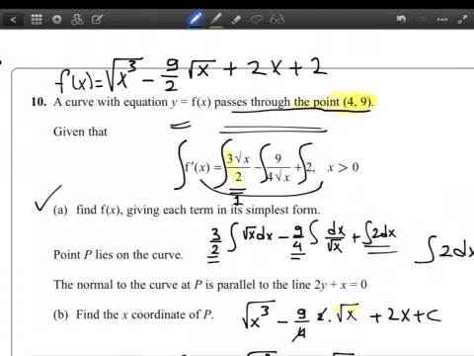And another piece of information is given here. Point P lies on the curve. The normal to the curve at P is parallel to the line 2y plus x equals something.